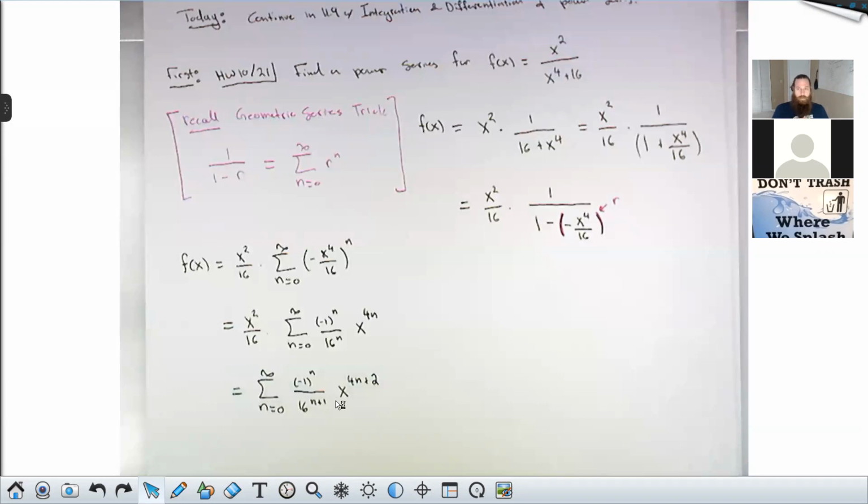What we're going to do today is we're going to come up with series for things like this and then integrate them, or come up with a series for something like this and then differentiate it. So in order to really get going, I need to show you how to integrate and differentiate power series. Any questions on what we did here, or any one of these steps?